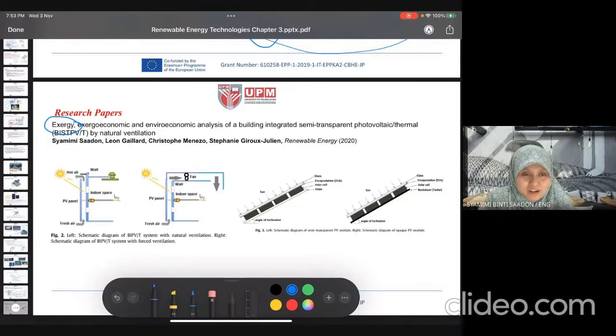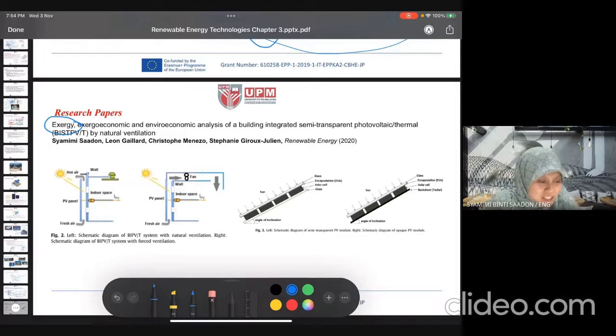When we analyze it based on the second law, entropy, it is more accurate because we only take into consideration the actual energy being used, the actual energy being produced.